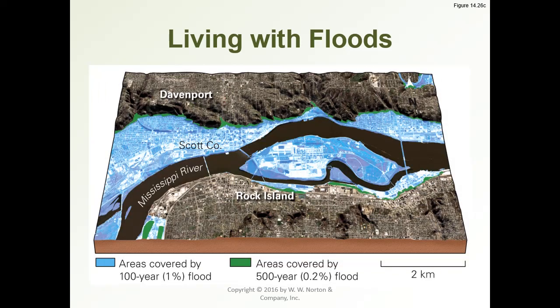So one way to try to reduce this is to have designated floodways. These are areas where we don't allow people to build. This gets challenging in major cities. Many major cities are near rivers, and there's limited land, so people don't want to leave it unbuilt.